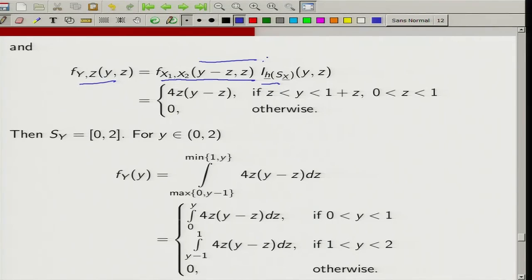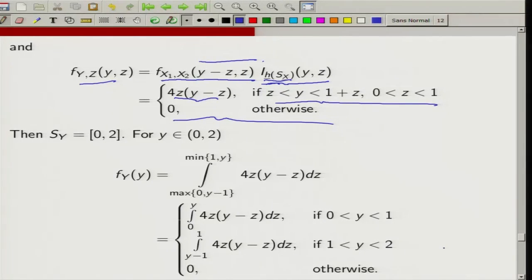So, f_X1,X2(Y minus Z, Z) would be nothing but 4 times X1 X2, that is 4 times Z times (Y minus Z), as long as Z is between 0 and 1 and Y minus Z is between 0 and 1, which is what is happening over here. This will be 0 otherwise.